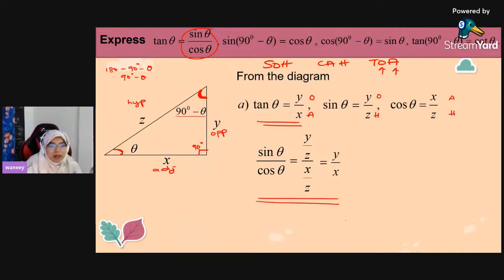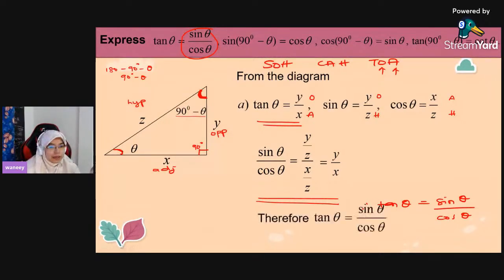Therefore, I can conclude that they must be equal. Tangent theta is equal to sine theta over cos theta.